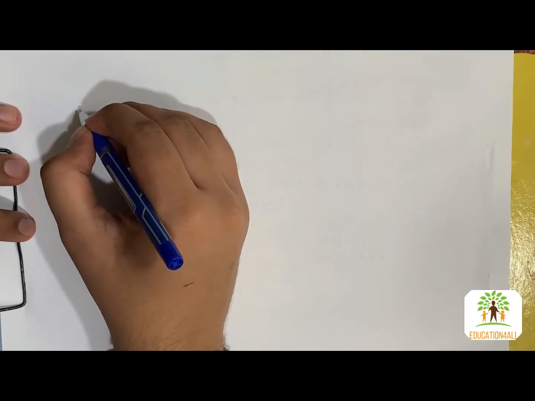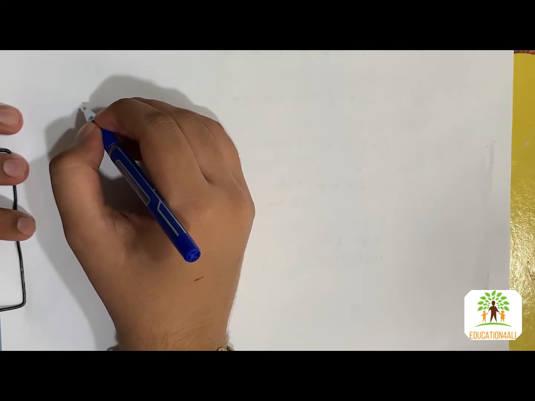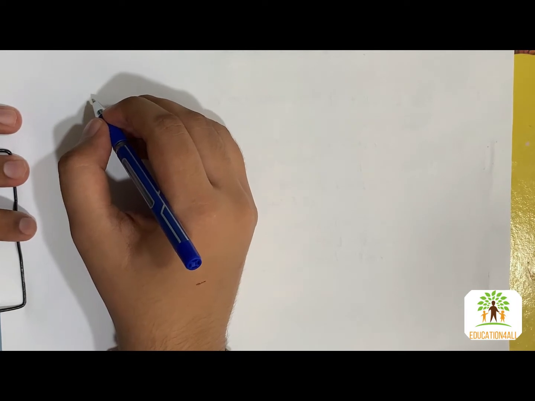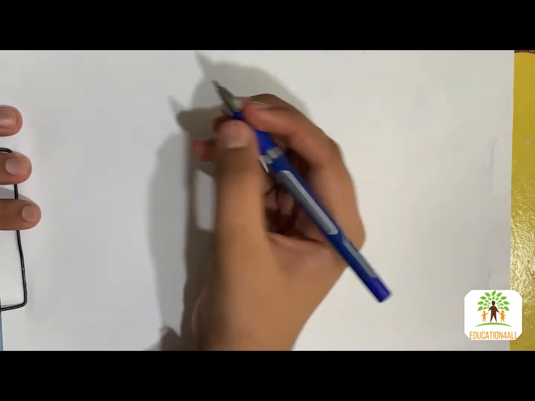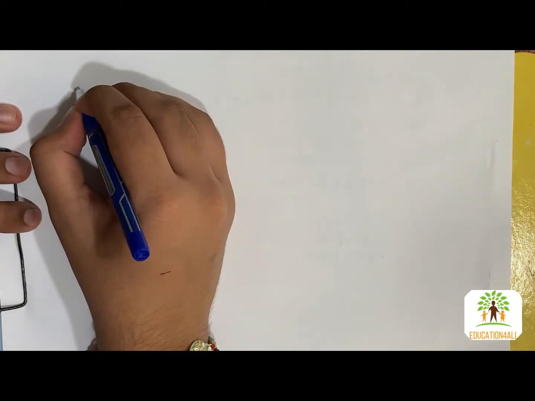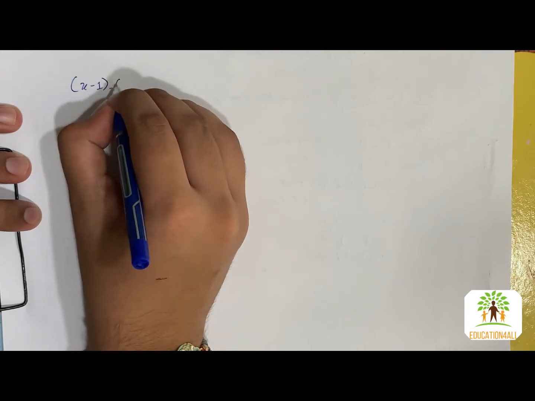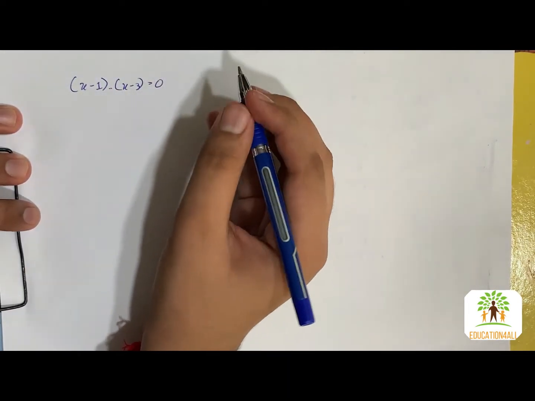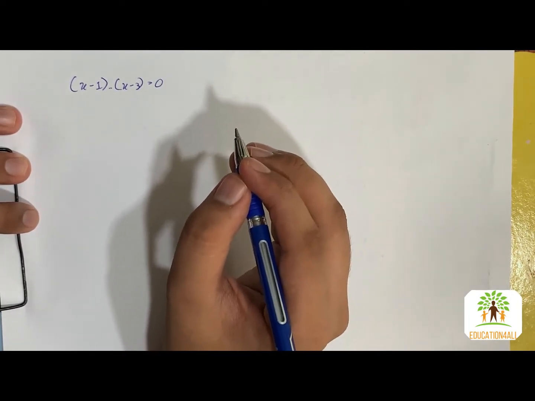Now you would have seen that it took us a lot of time to solve such a simple problem. The Wavy method gives us a way to eliminate all the bigger steps and solve it in a second or two. So for applying the Wavy method, if we take the same question, (x minus 1) times (x minus 3) greater than 0, you first have to find the two critical points of the quadratic equation.